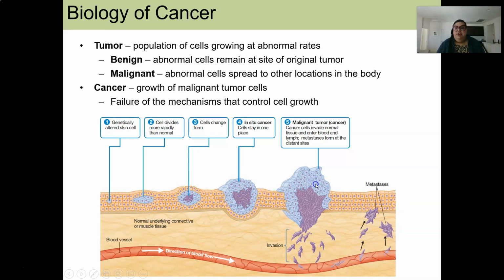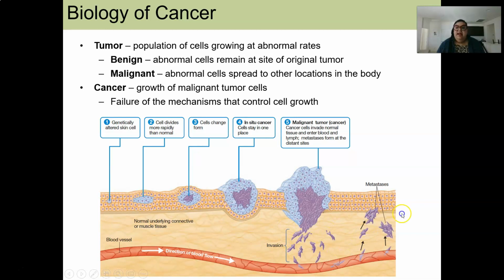A malignant tumor, or cancer, is now breaking free and invading other places. Most likely it's starting to go where the blood flows, and can metastasize. So the cells are breaking off and flowing into the blood, and the blood takes them to other places in the body and creates a cancer.